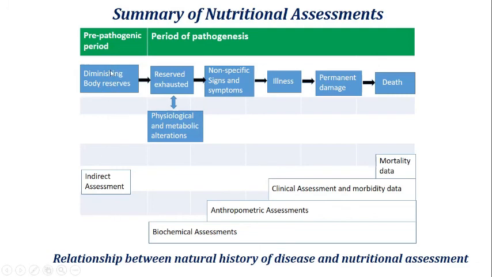So it can identify malnutrition in the pre-pathogenic period through dietary evaluation methods. Because in that method, we exactly identify what the subject takes, what he regularly takes through their diet. So we can have an idea about the nutrition deficiencies that can occur in that individual.